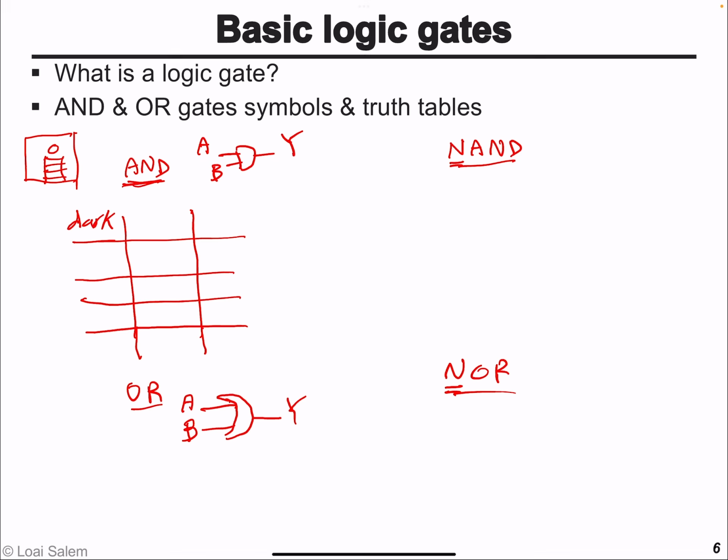So if it's daytime, the first 0, and there is no motion, then the AND gate is going to produce 0. If it's daytime and there is motion, there is no need to turn on the light, so it produces 0.